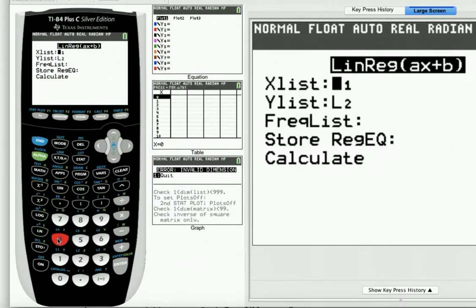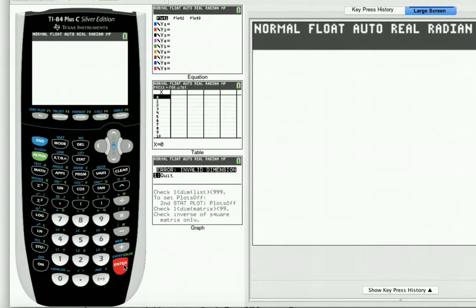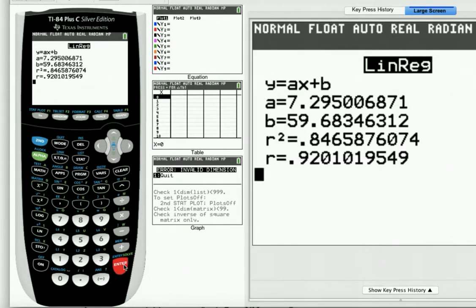So if I go with option 4, I want to make sure I've got my x as L1, my y as L2, and then I'm going to go to Calculate. Whenever you do that, you end up with your equation. And at the very top, your y equals ax plus b. So that's our slope-intercept form that we were talking about for our line from earlier.